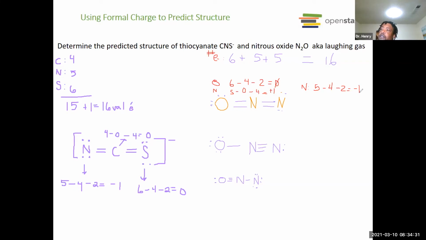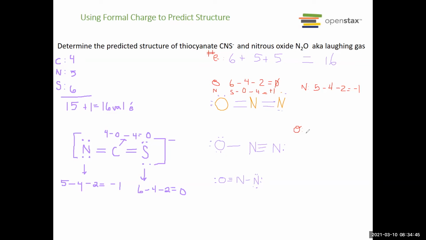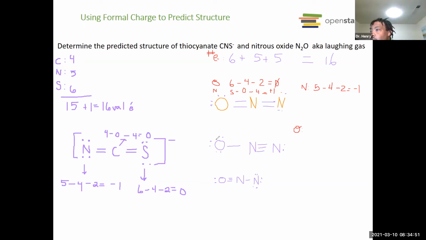Okay. Sadie, help me with the formal charges for the second possibility. The oxygen. So the number of valence electrons that oxygen has.